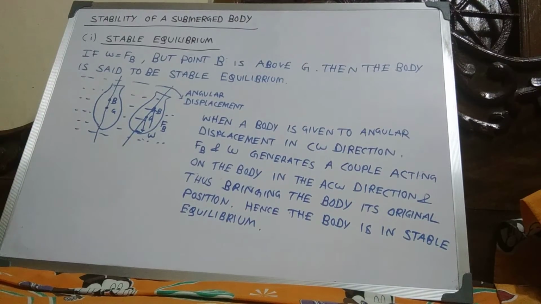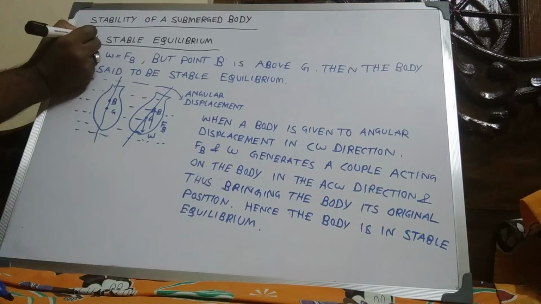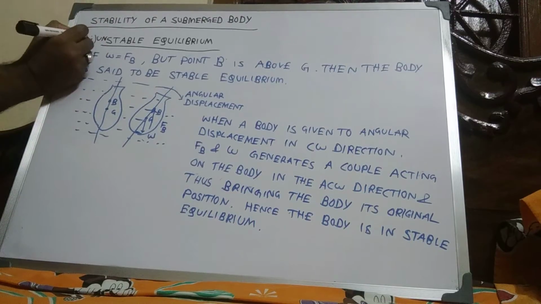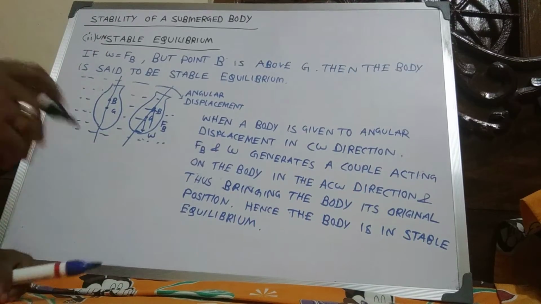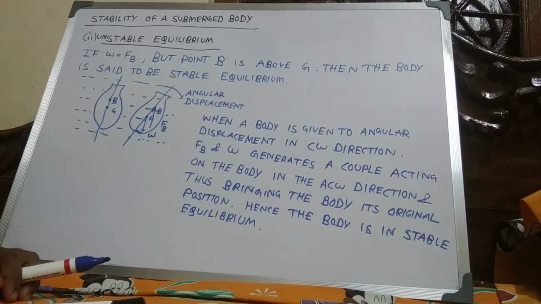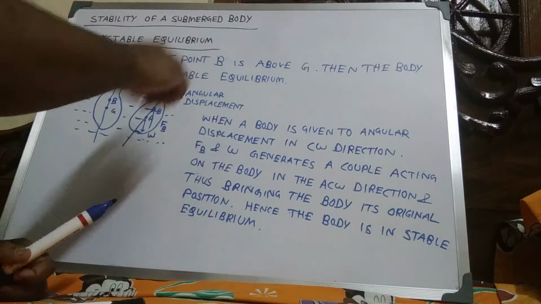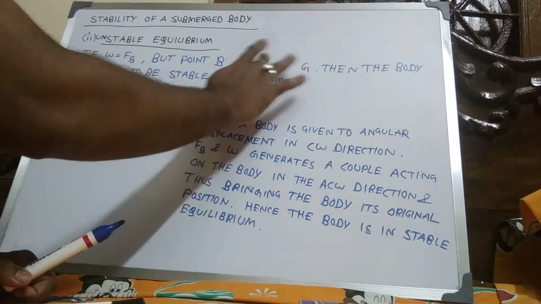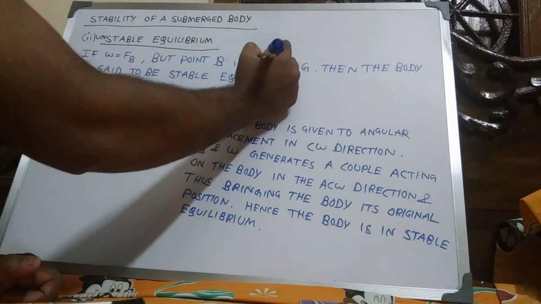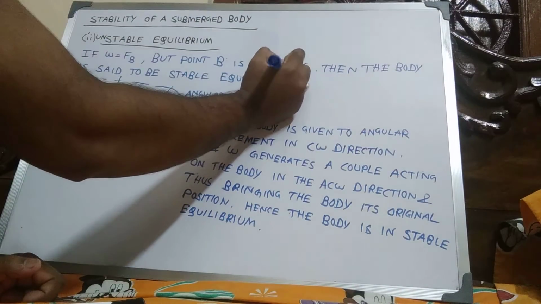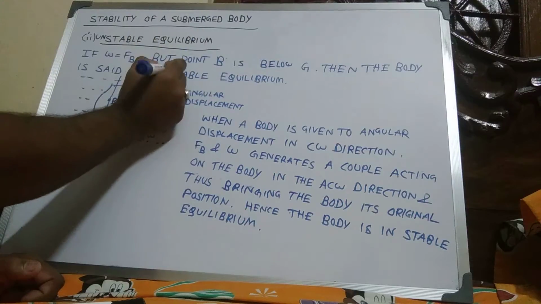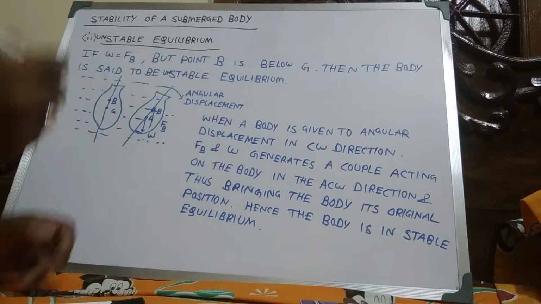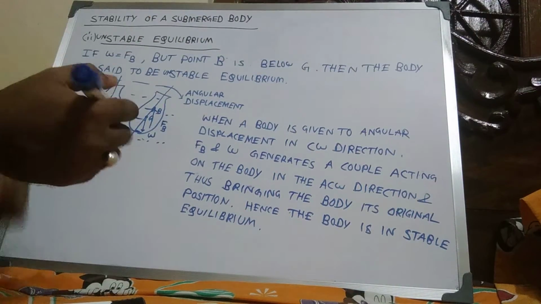Now the next point, number 2, is unstable equilibrium, and B is below G. Then the body is said to be in unstable equilibrium.